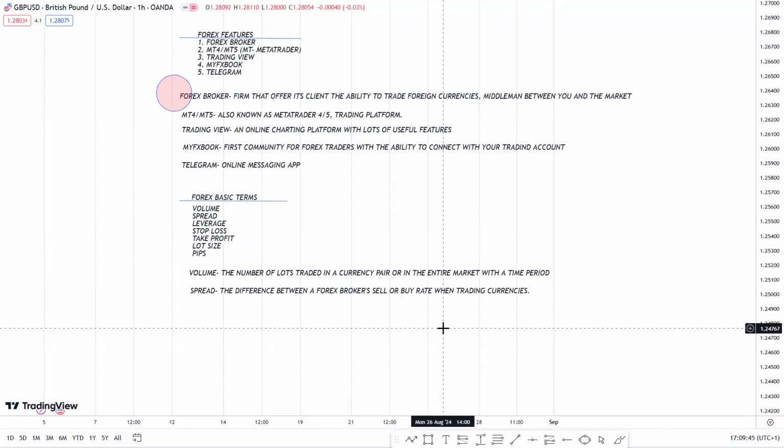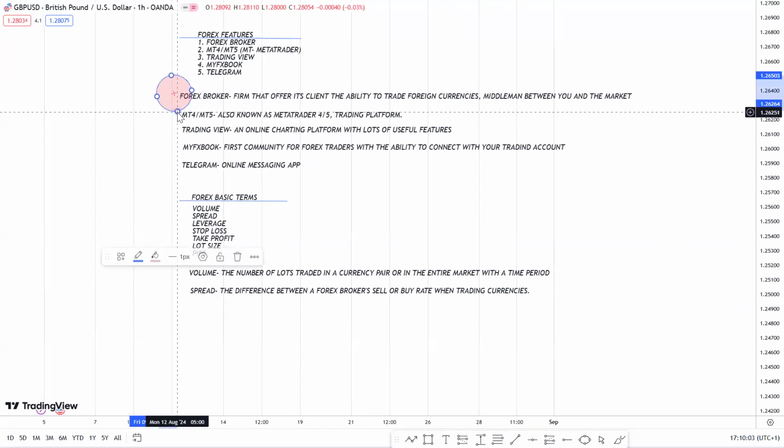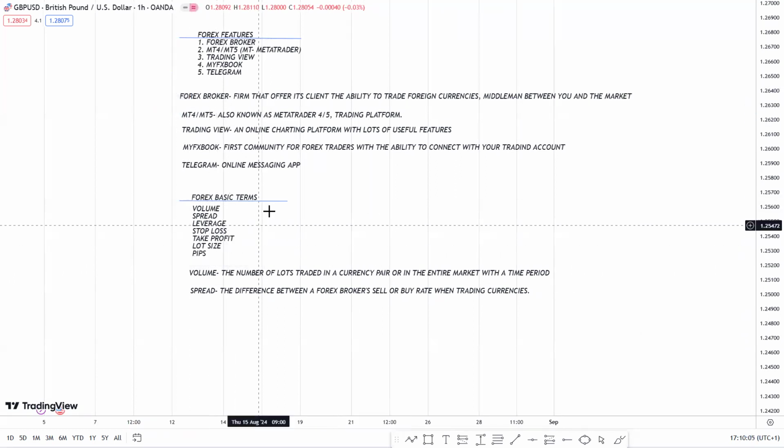The spreads can also be narrower or wider depending on the currency involved. Different currency pairs have different spreads. The time of the day that a trade is taken in the market, the spread can change.